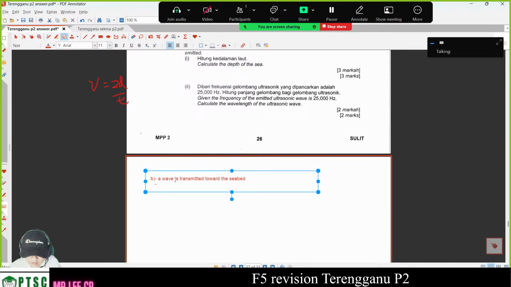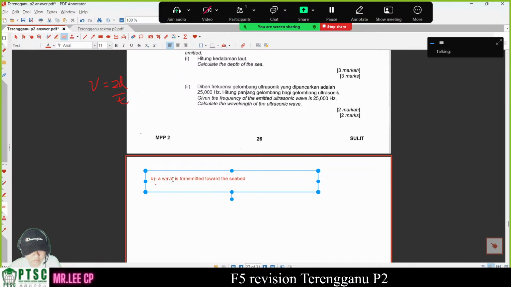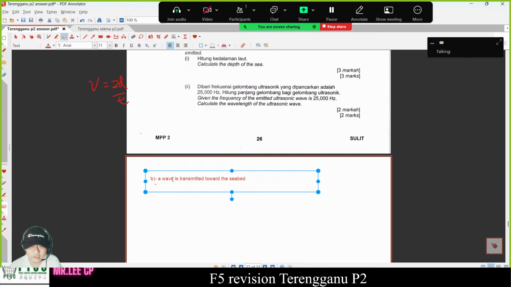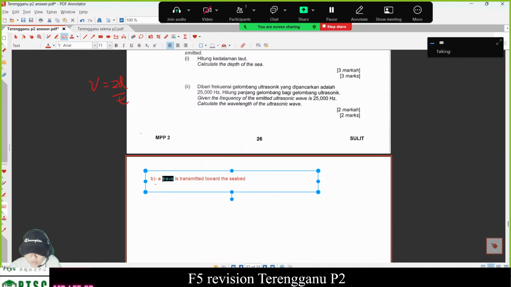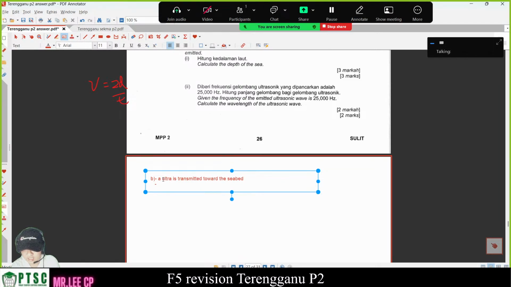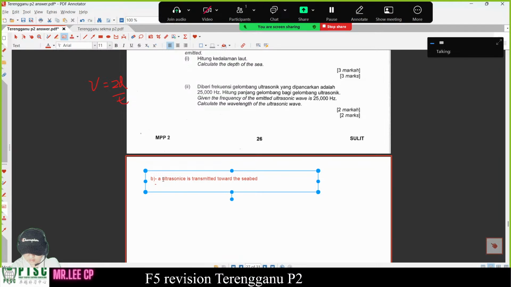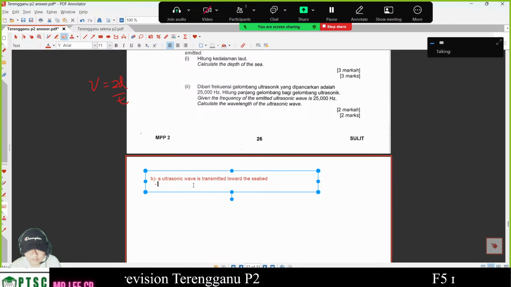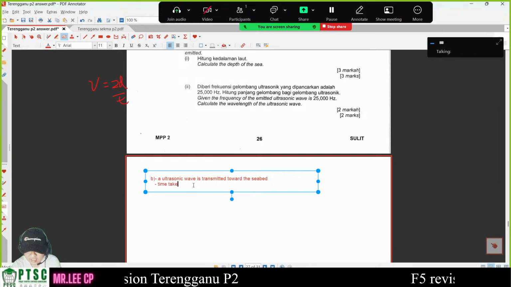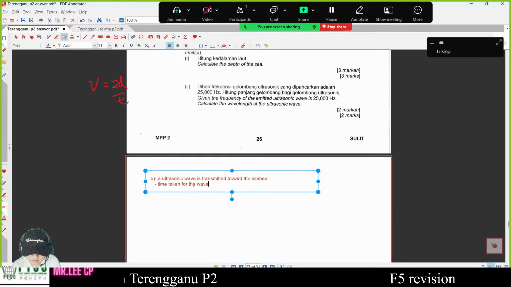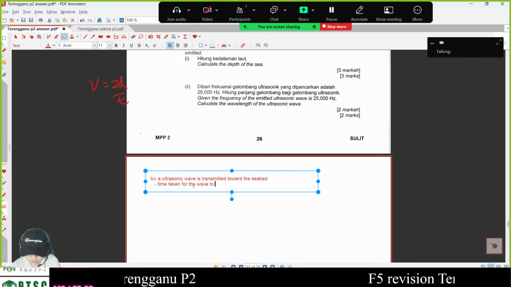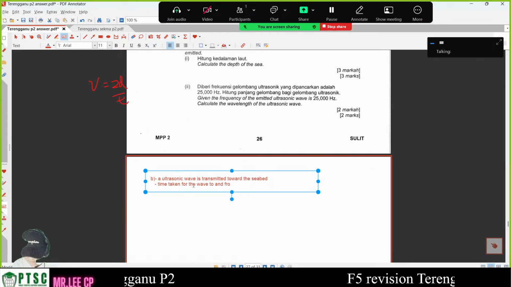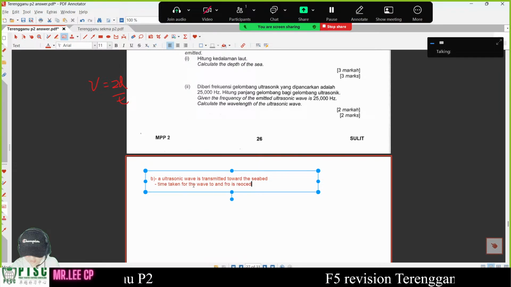If you don't know, you just put it as wave also can. So if you know, yeah, it is an ultrasonic wave. It is transmitted toward the seabed. Time taken for the wave to and fro is recorded.